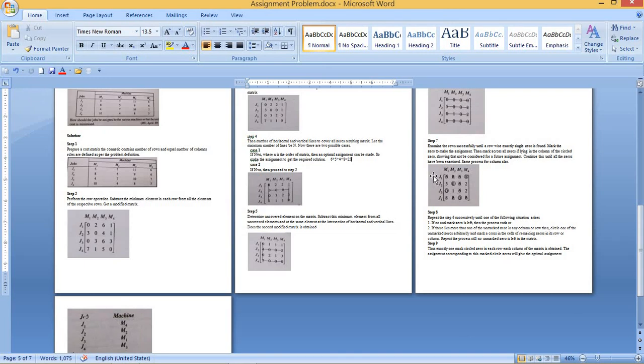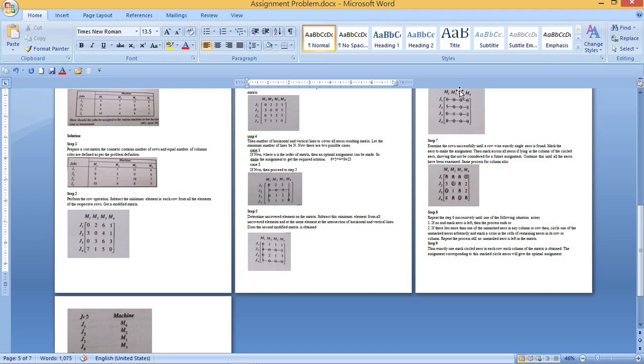Let us consider column 3 in the initial case, since column 2 and column 3 have the same number of zeros. So we consider column 3 first, and assign J3 to M3.